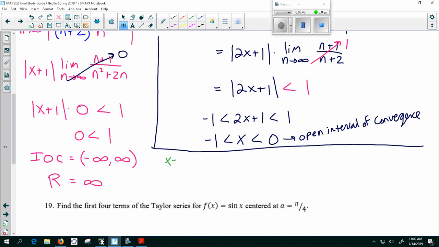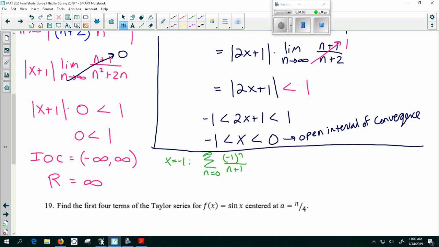So when x equals -1, I'm going to plug into my original series. I have the sum from n equals 0 to infinity. Replacing my x with a -1, I have 2 times -1 is -2, plus 1 is -1. So I get -1 to the n over n plus 1.